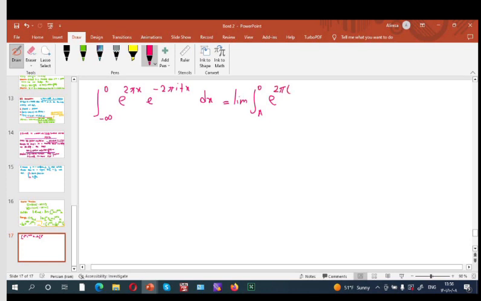2p, or 2px, 1 minus it, dx, whenever a tends to minus infinity.